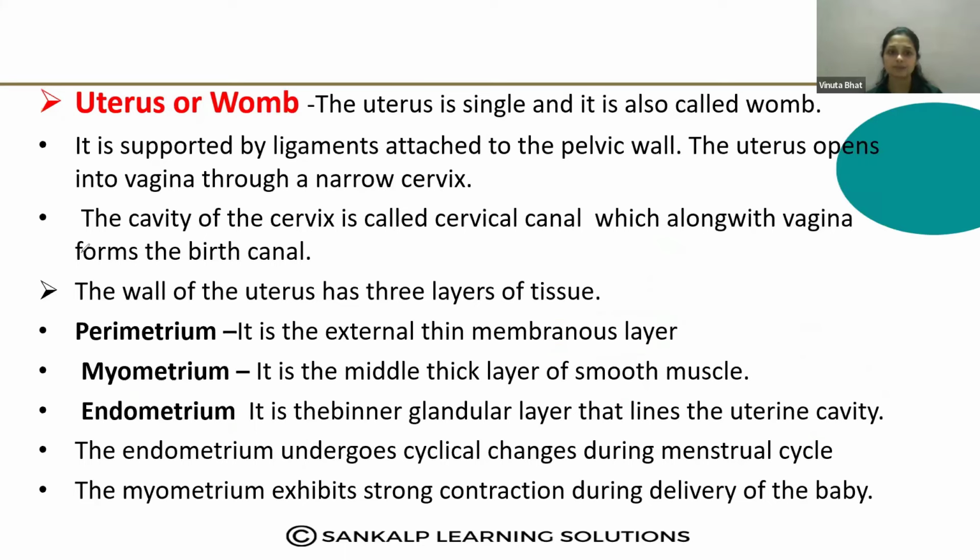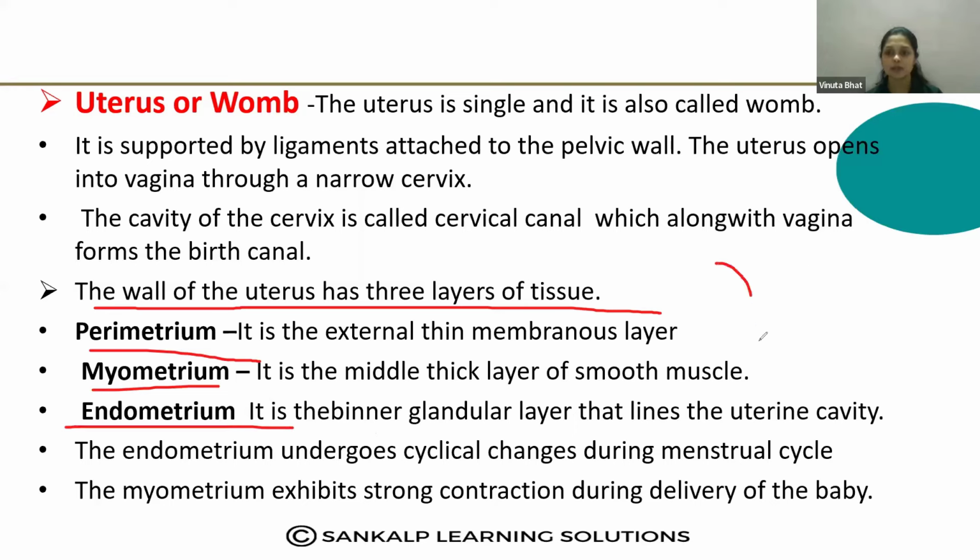Mainly the uterus is made up of three wall layers: perimetrium, myometrium and endometrium. So this is the uterus, right? This region is the uterus, and the wall of the uterus has three layers of tissue.